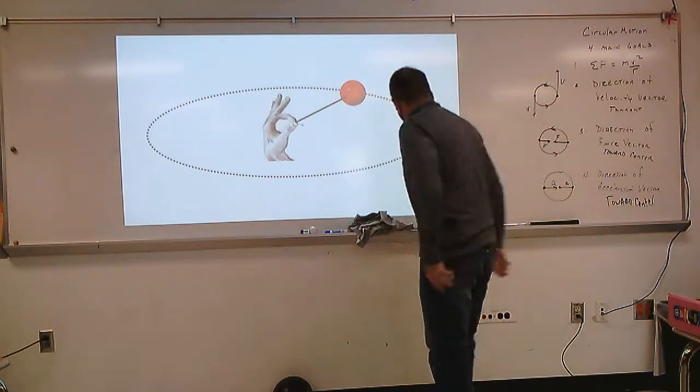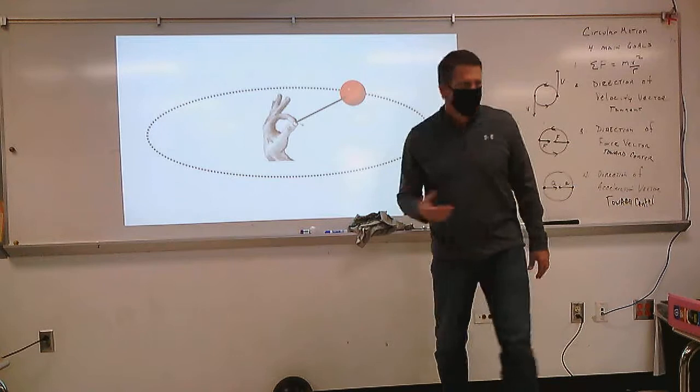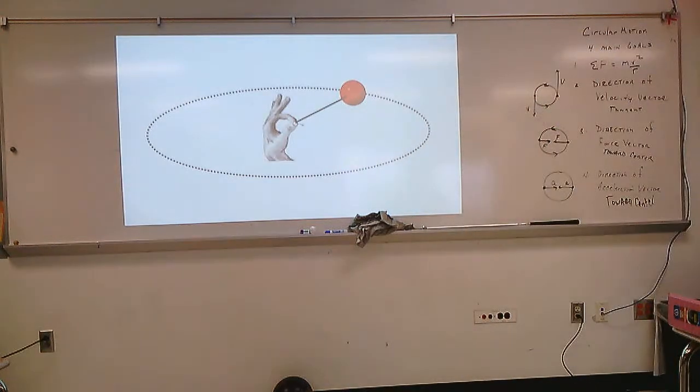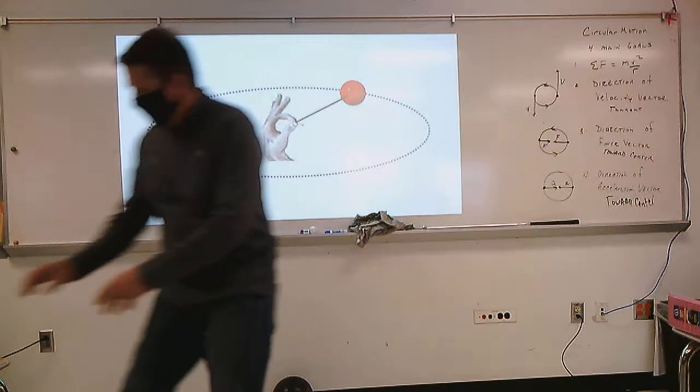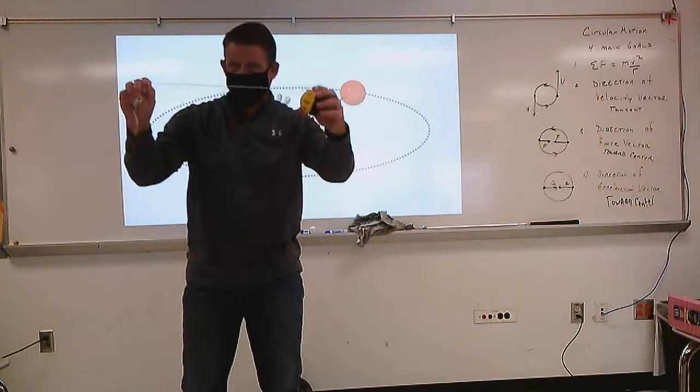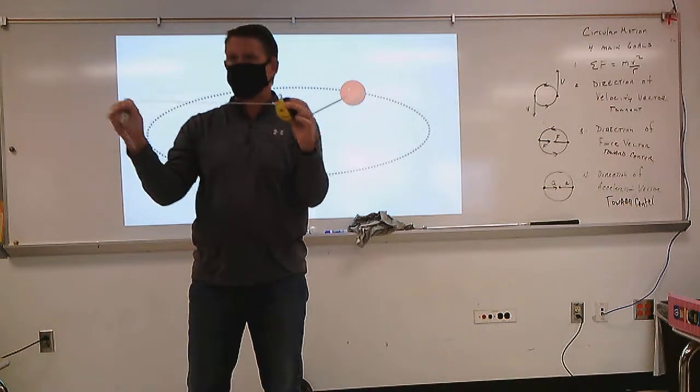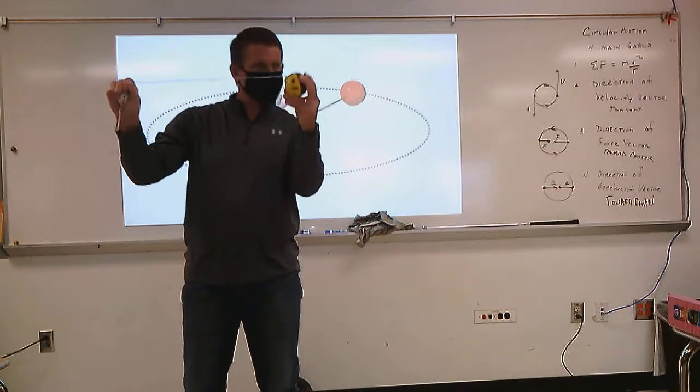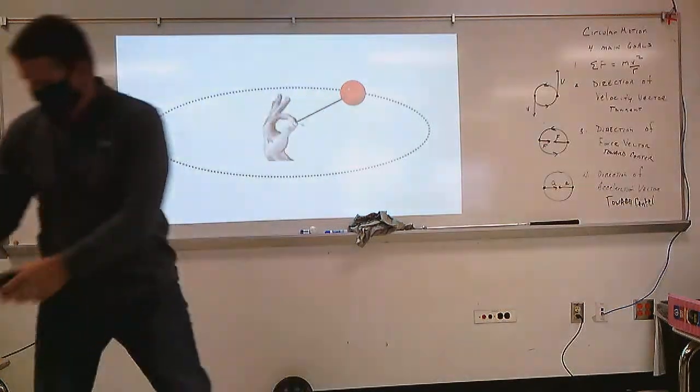But in reality, sometimes the two-dimensionality of the board makes it difficult for us to draw these things appropriately. In reality here, the forces acting on this wiffle ball are radially inward, which is towards your left, and then straight down for this weight.